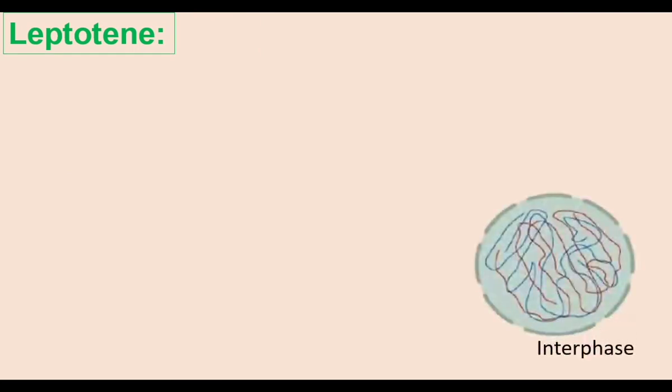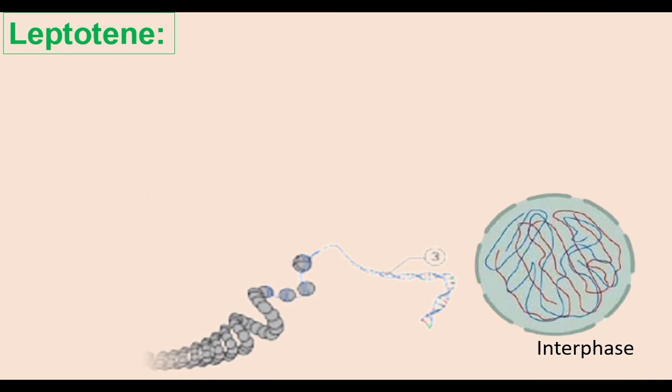This is a nucleus of interphase. In interphase, the nucleoplasm has chromatin threads. The chromatin threads form a chromatin network. When the cell begins to divide, the chromatin net becomes coiled. The chromatin coils and forms chromosomes.